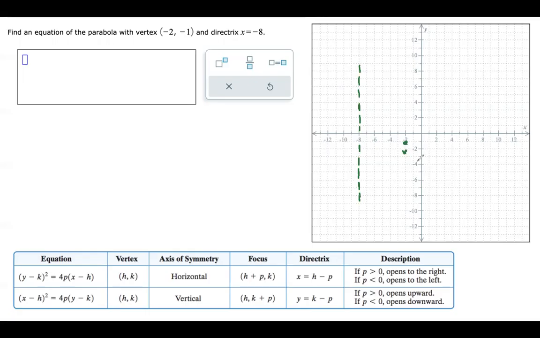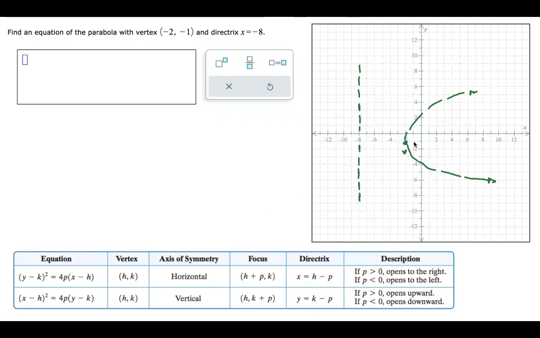the parabola is always opposite to the directrix. So we'll never cross the directrix in any way. That means that the parabola will open to the right. Because otherwise, if you try to open this parabola up, eventually you would be crossing the directrix, and that's not the idea.